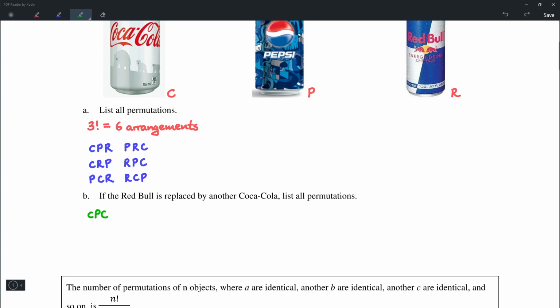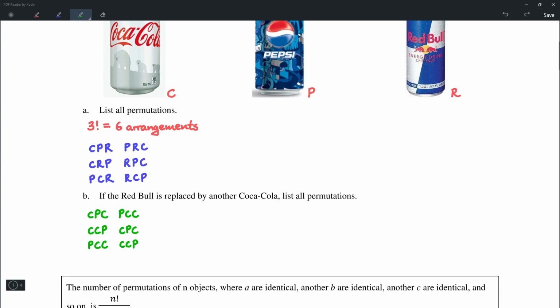CPC, because the first R has been replaced, and then CCP, PCC, PCC, sorry about that, CPC, and finally CCP. So that's what happens if we replace all of the R's with C's.